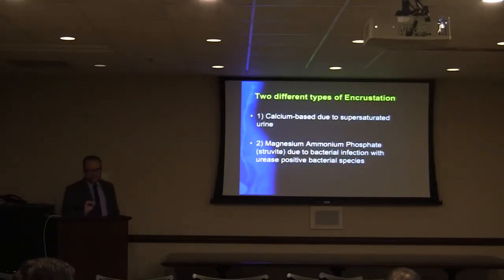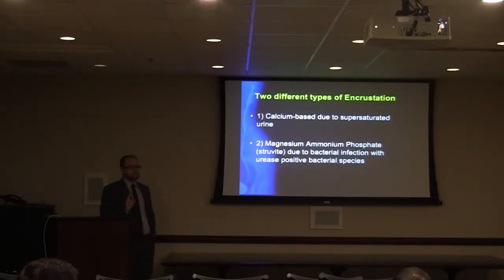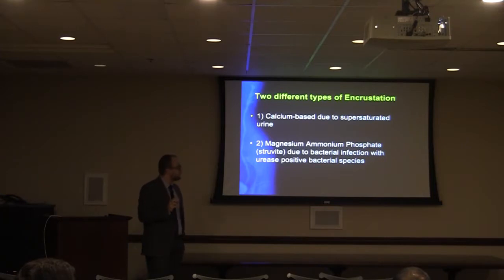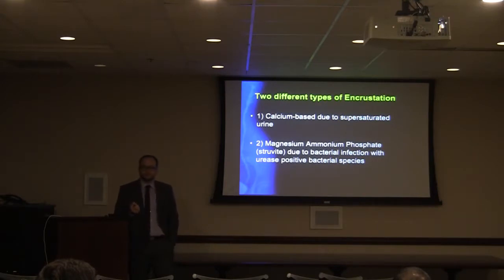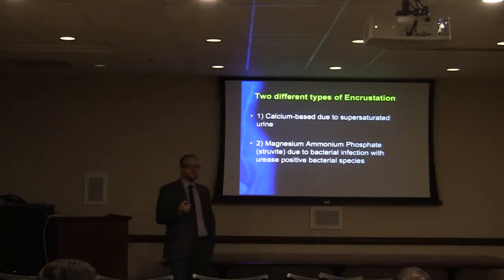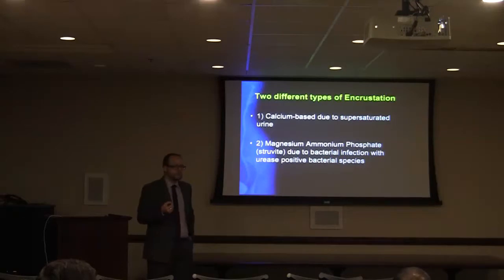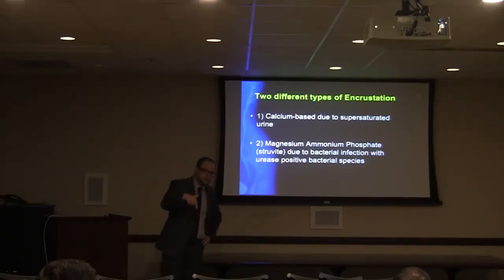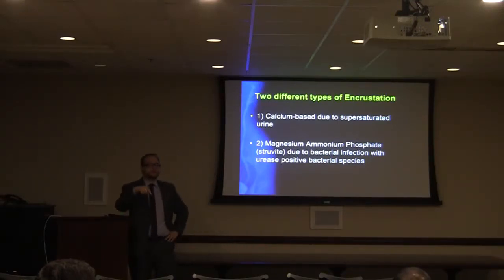Now, what are these incrustations? There's two different types. One is calcium-based, and these are the most common type of calcium kidney stone, a calcium oxalate stone. About 85% of kidney stones are calcium oxalate stones. And I suppose I should have mentioned that most of the time, stents are placed because of kidney stone surgeries.